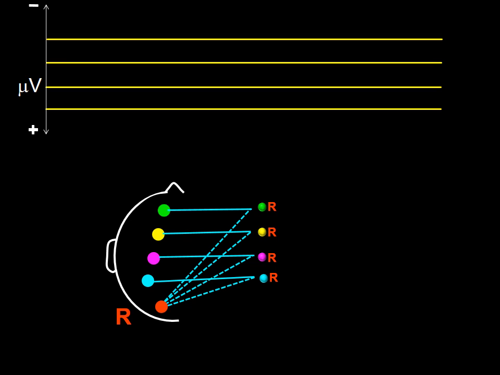In this frame, I am introducing a polarity graph. I will explain it again to make sure we are on the same page. The vertical line, the double-headed arrow by the side of the microvolt abbreviation, has a negative sign at the top and a positive sign at the bottom. It indicates polarity. The yellow lines represent voltage levels, one for each of the non-referential electrodes.